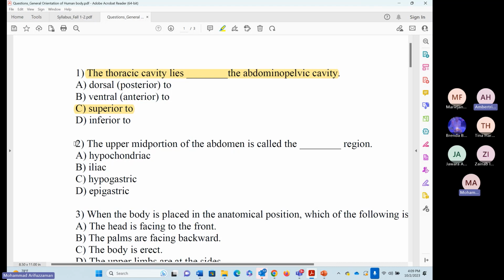Now, number 2: the upper mid portion of the abdomen is called? Epigastric, yes, the epigastric region. Sometimes we call it epigastric pain, right? With acid reflux, patients complain of pain in this area. So that is the upper mid portion of the abdomen.